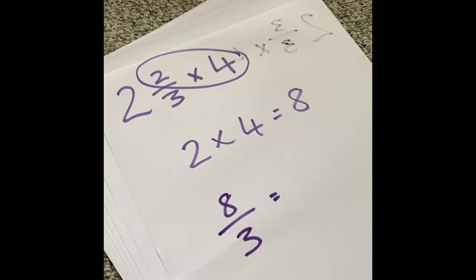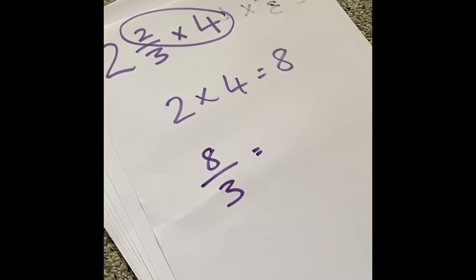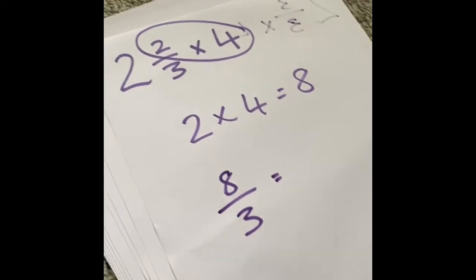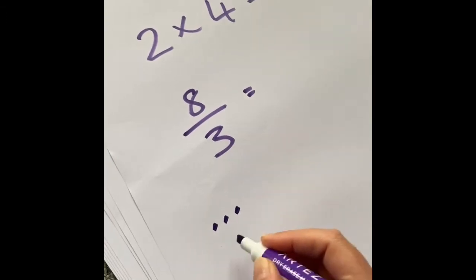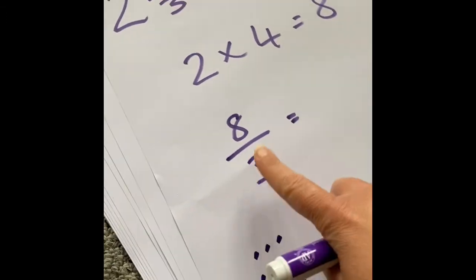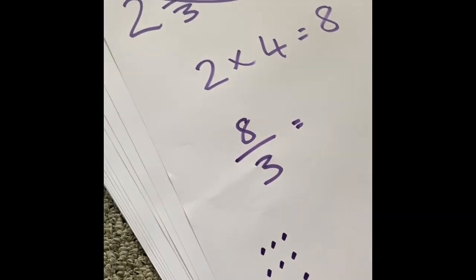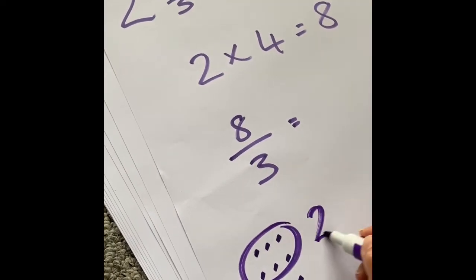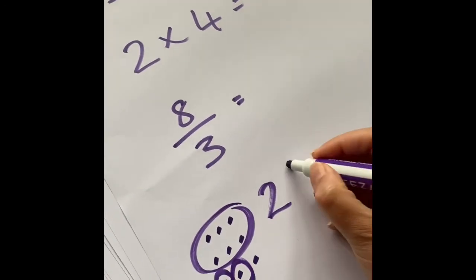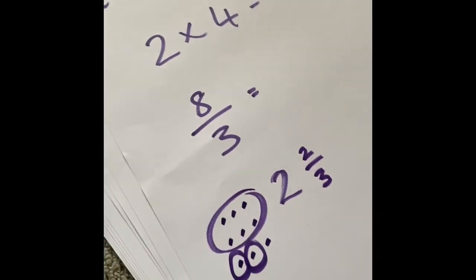Then I'd think about how many times 3 goes into 8. I can count up in my 3 times table: 3, 6, 9. Well, I've only got 8. So I know that I have got 2 wholes and 2 left over.